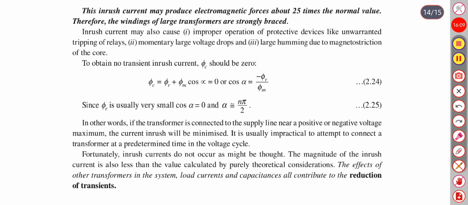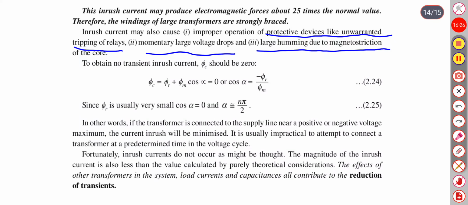Inrush current may also cause improper operation of protective devices like unwanted tripping of relays, momentarily large voltage drop, and large humming due to magnetostriction of the core.